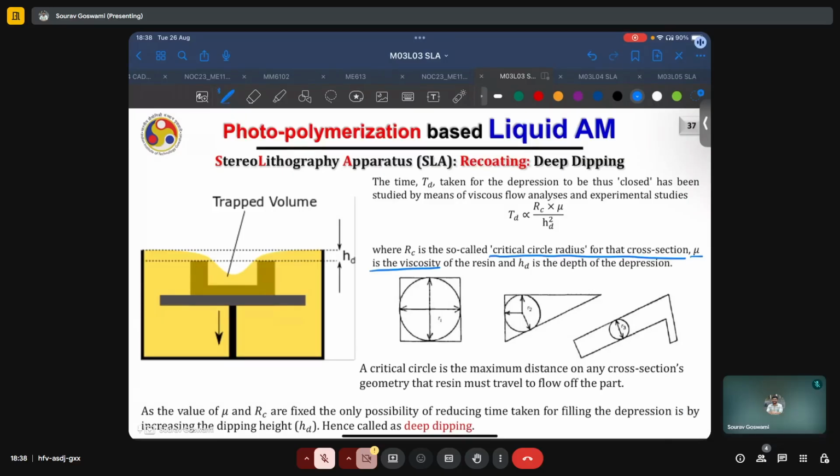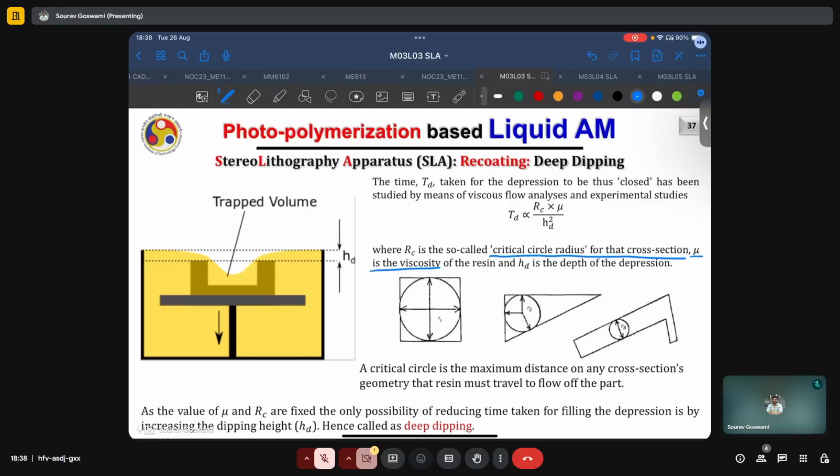Now, what is the critical circle radius for the cross section? We know that these cross sections are obtained when the 3D CAD model or its suitable approximation by an STL file is sliced using the slicing layers or the non-conformal slicing surfaces, and the contours are generated. These contours contain the cross section in a particular layer.